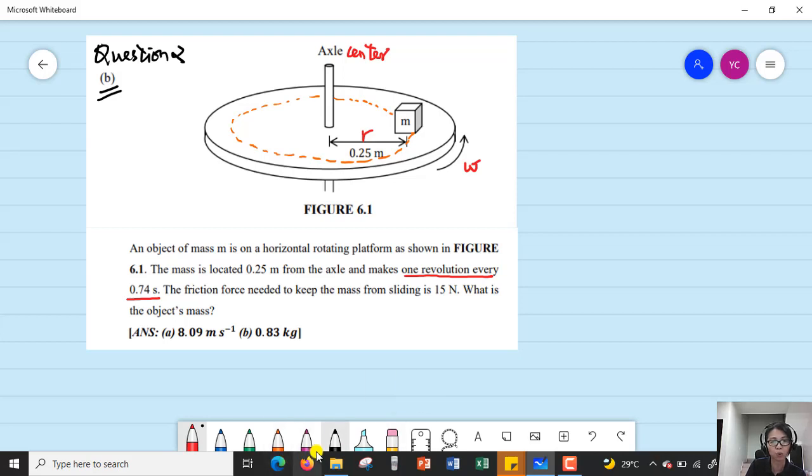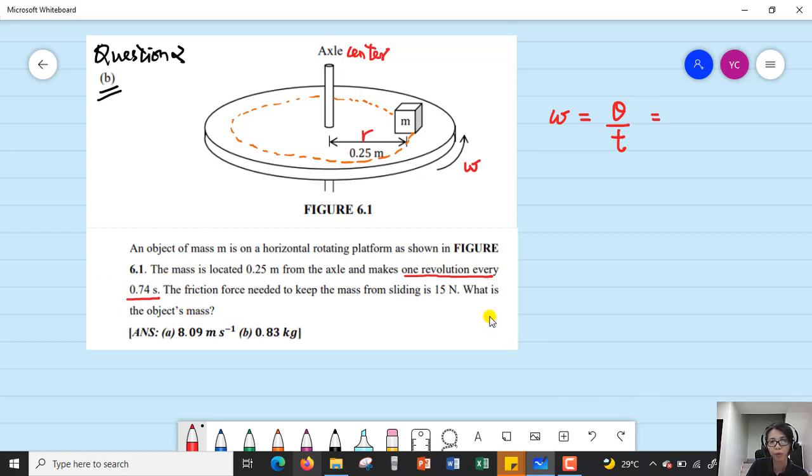Okay, so we can refer to our notes. Angular velocity is angular displacement divided by time taken. So we know that we complete one revolution within 0.74 seconds.